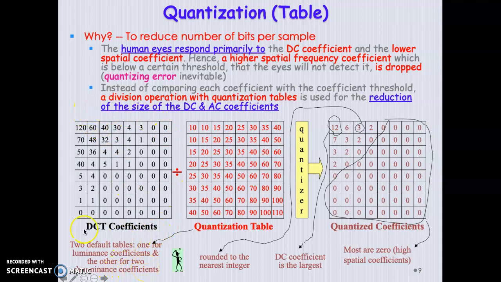With this DCT you can remove the duplication, the zero values. How? Before you reduce, you have to quantize. Quantize means you will use a table and divide it by the DC.